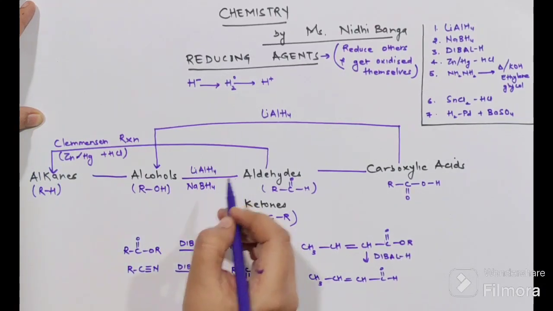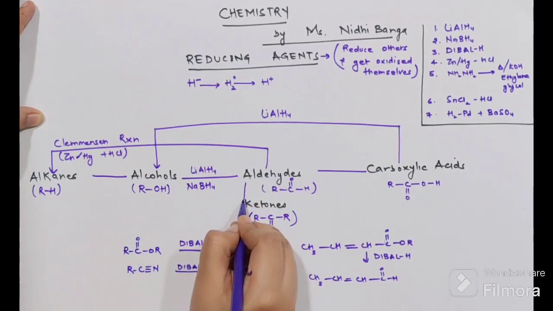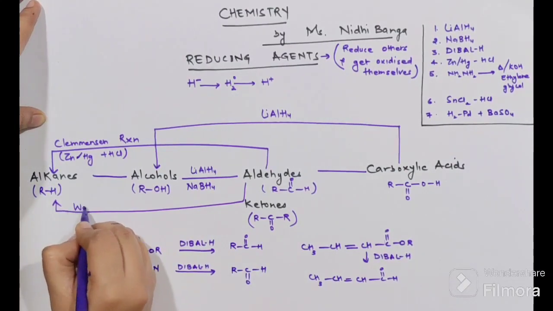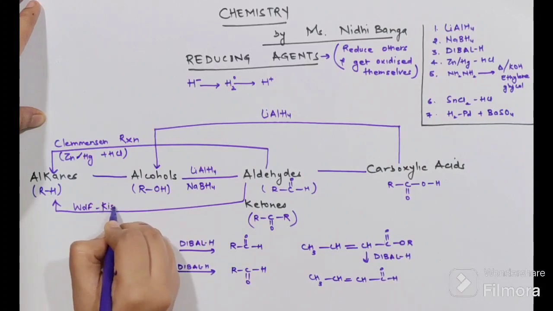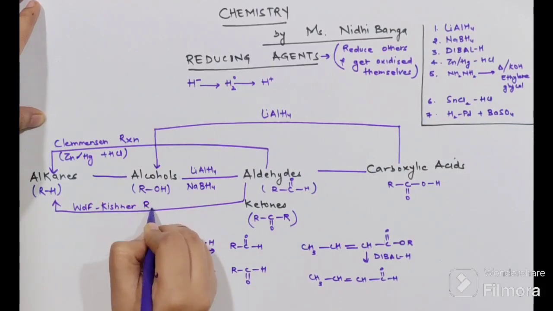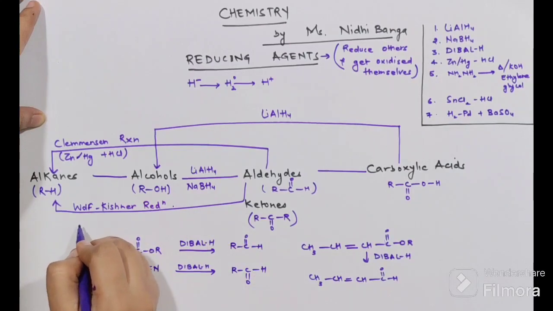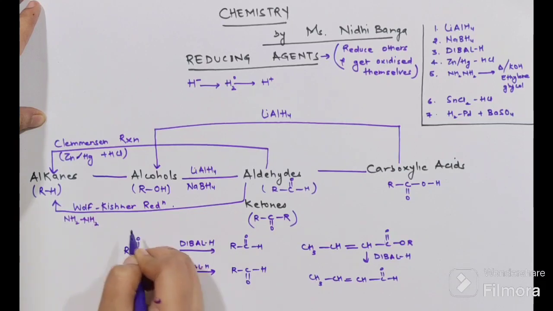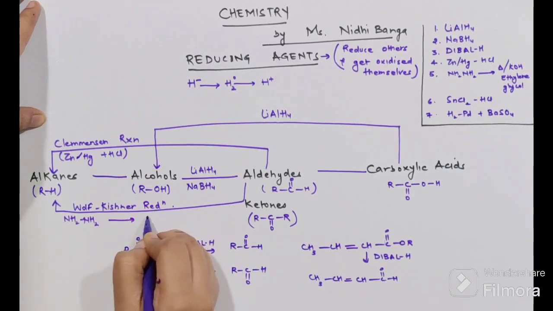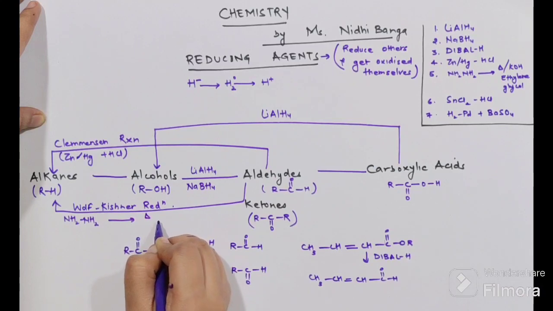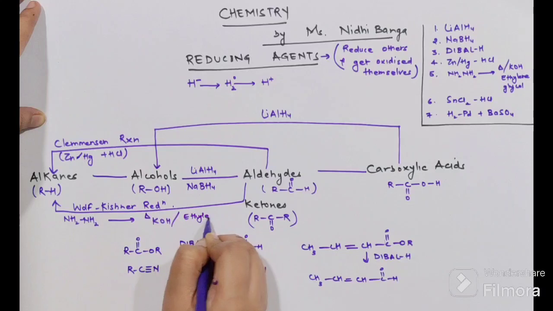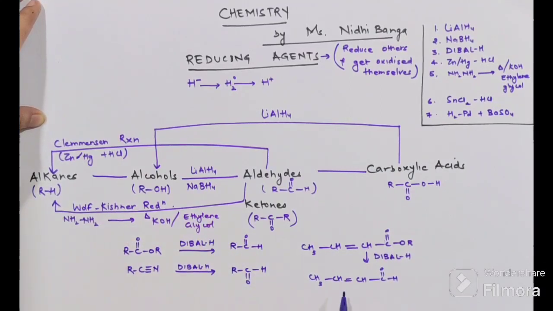The second one is Wolff-Kishner reduction. It will use hydrazine and then upon heating in presence of KOH and ethylene glycol, it will give you alkanes directly.